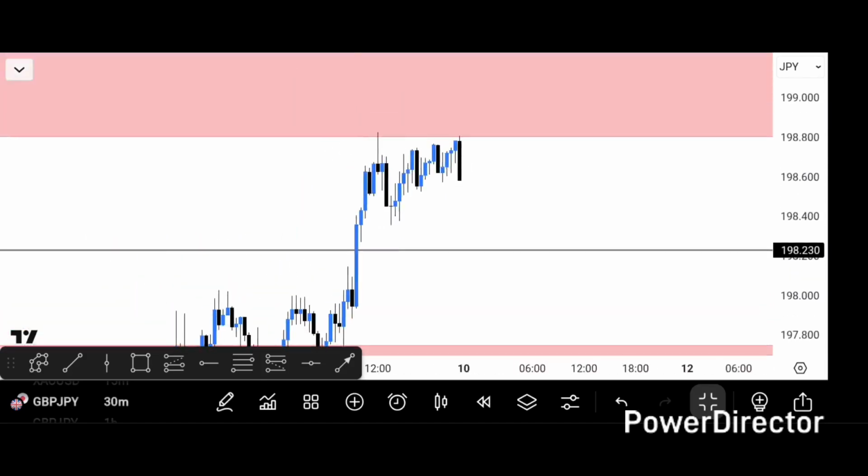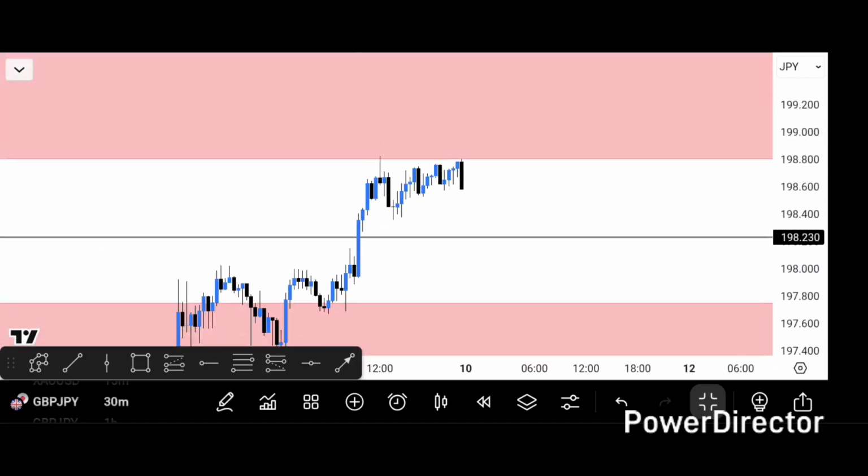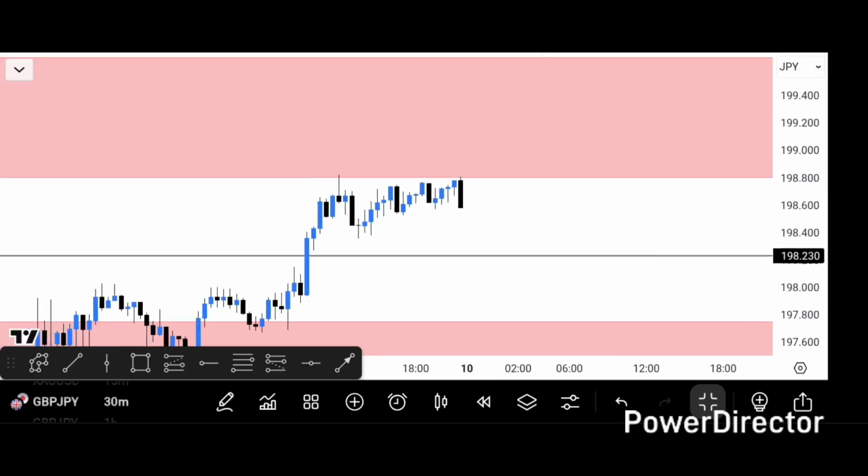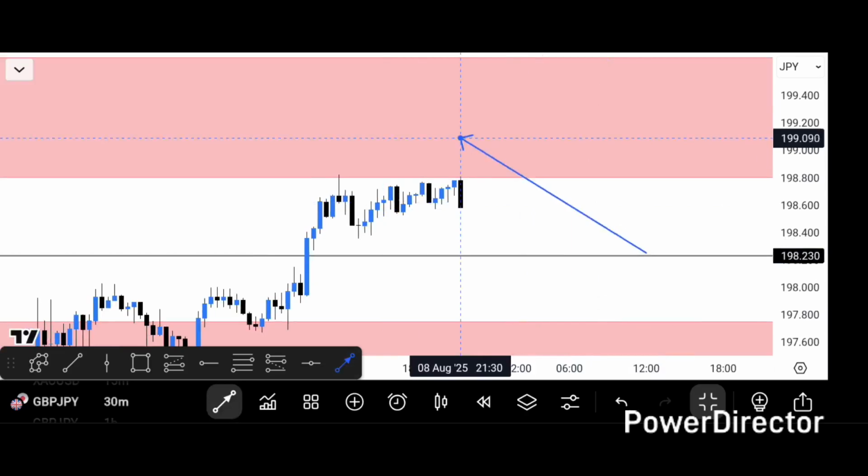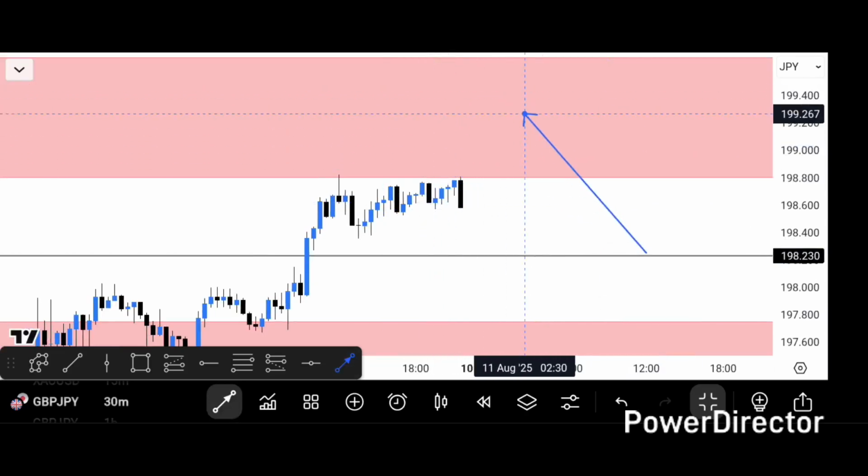By rejection pattern I mean a double top, a head and shoulders, or a change of structure. If any of that happens around this zone here, we look for sales back down to here.